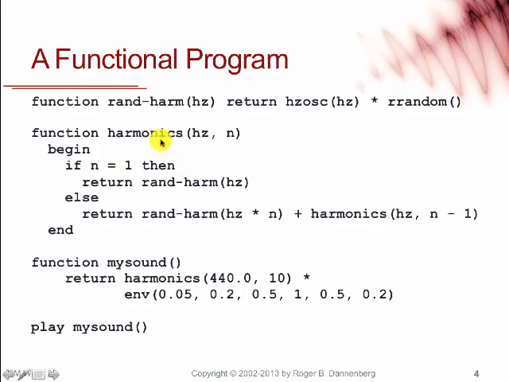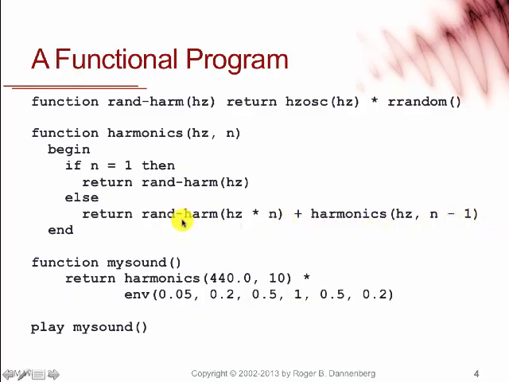And what it does is, as a base case, it computes the fundamental frequency, rand_harm of hertz. But if this parameter n is not equal to 1, in other words, it's greater than 1, then what harmonics does is it computes rand_harm of the nth harmonic, and then it adds whatever comes back from a recursive call to compute n-1 harmonics.